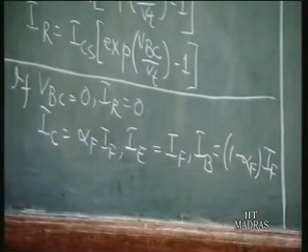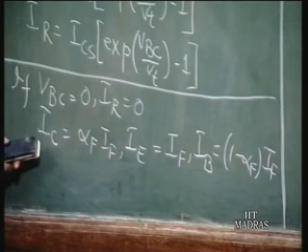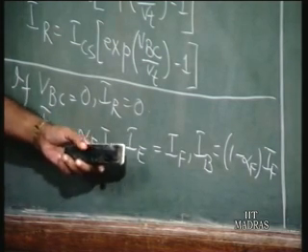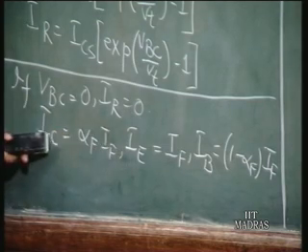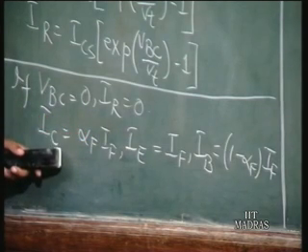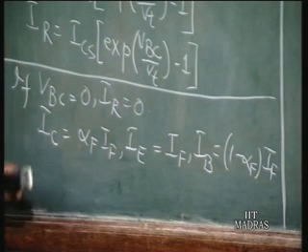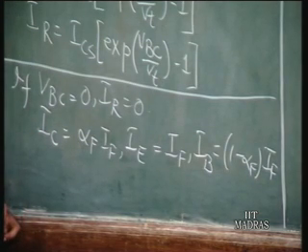which gives us that if you take the ratio of the collector current to the emitter current, it is equal to alpha f, which is called the common base current gain.